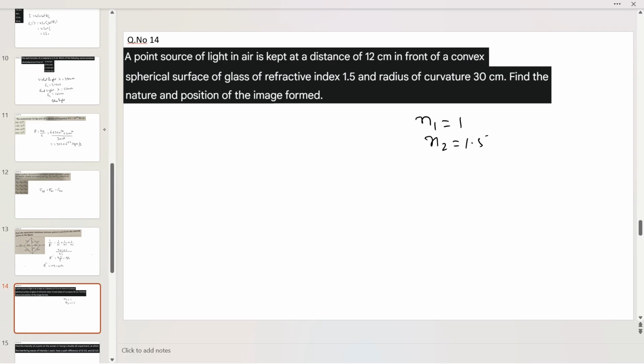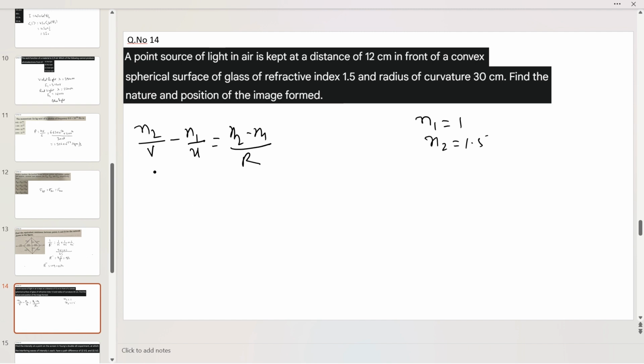Find the nature and the position of the image formed. So here N2 by V minus N1 by minus U is equal to N2 minus N1 by R.